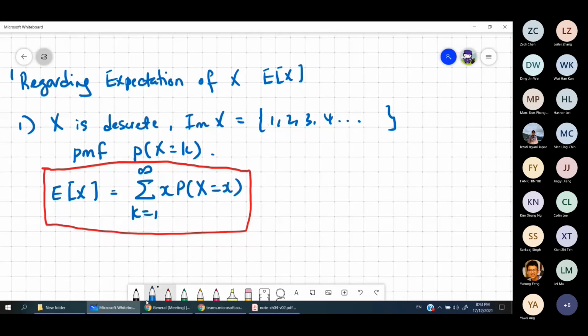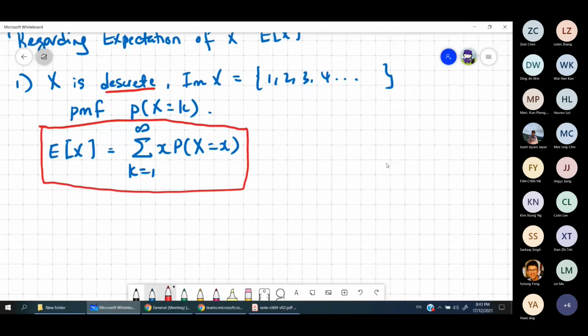Likewise, let's say G is a Borel function.